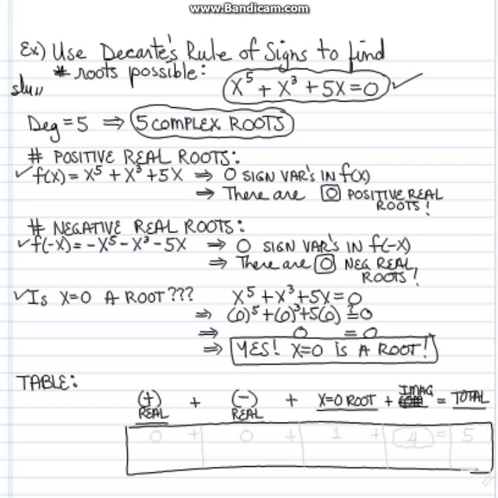Now, there are going to be 0 positive real roots. We know the total will be 5, but 0 positive real plus 0 negative, and we found that x equals 0 is a root, so there's one root there, and then whatever is left has to add together to 1 to give us 5. So the answer is there will be 4 imaginary roots, and that's the complete table.